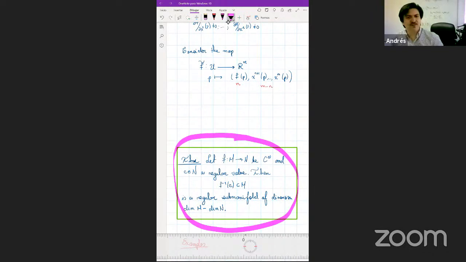So this result is very useful because so far, the only way that we could come up with manifolds was by definition. Find an atlas, and then that will give us, by the theory, a maximal atlas.